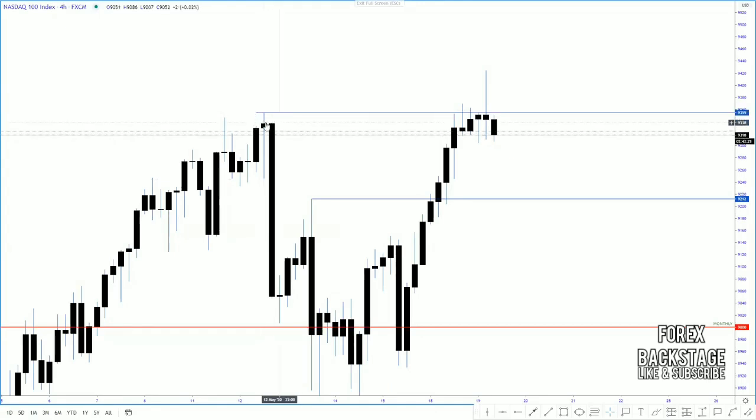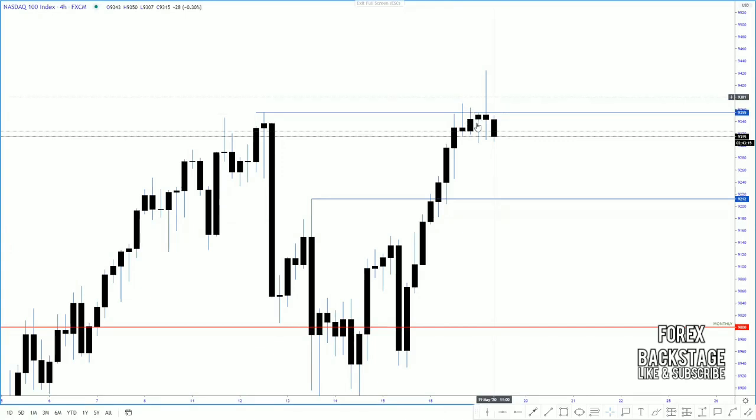The market came and printed that high. We've got this high that was printed over here at 92.12. The market failed to break past this high. As you can see, we had a beautiful reversal pattern literally at resistance, giving us opportunities to come and sell this thing to lower regions.